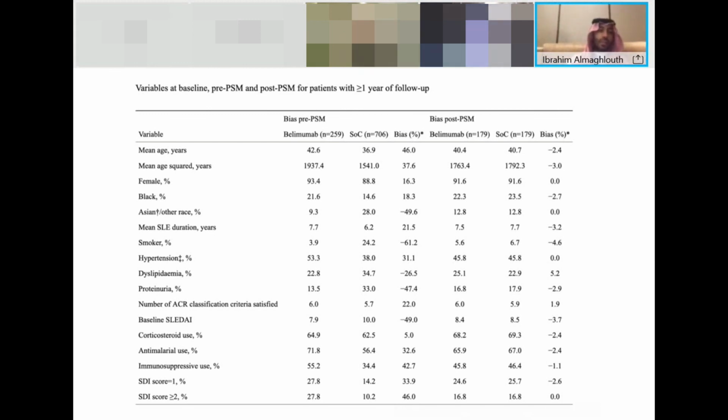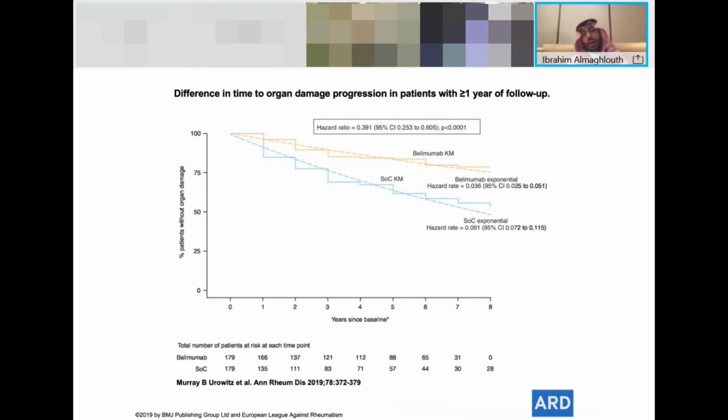And then the outcome was reported, and what they showed is that the use of belimumab, for example, was associated with reduction in organ damage over time compared to standard of care. Having said that, there are always some concerns when it comes to the period where those patients were observed.